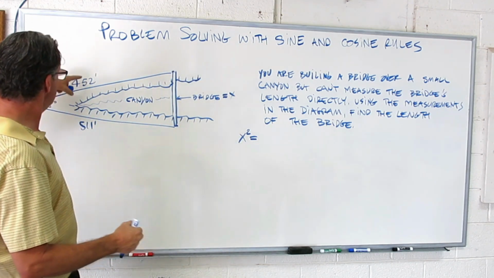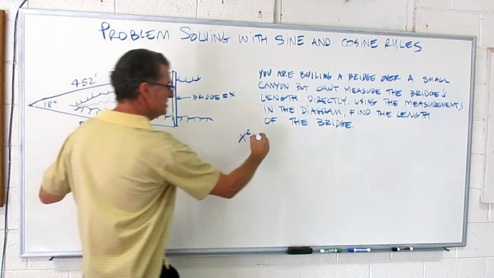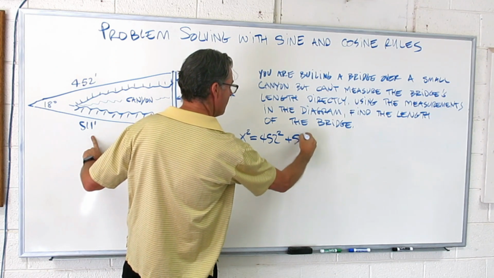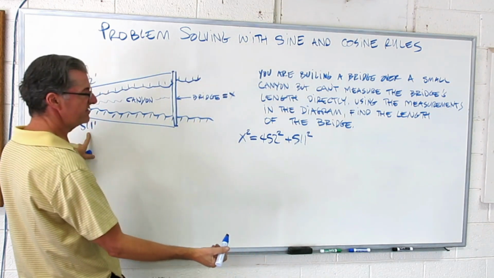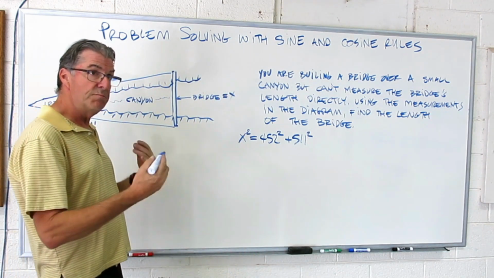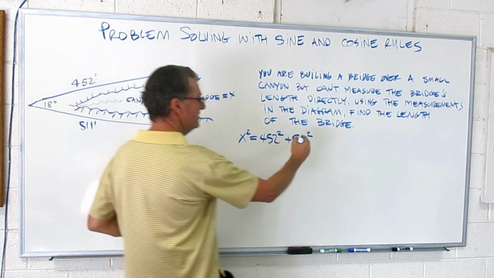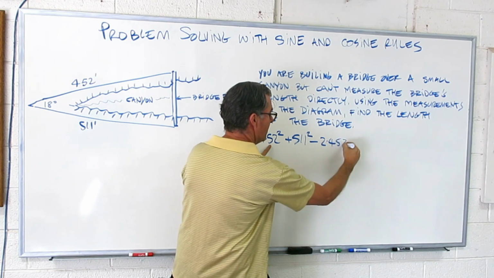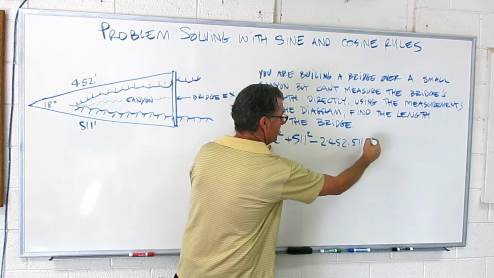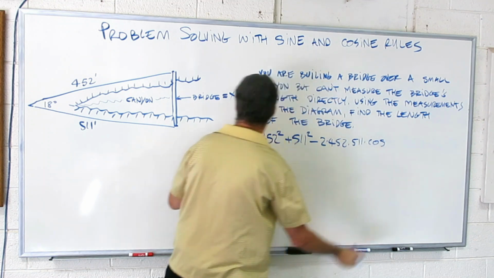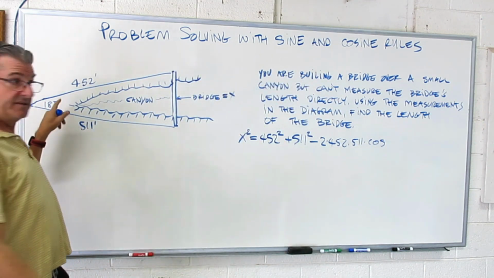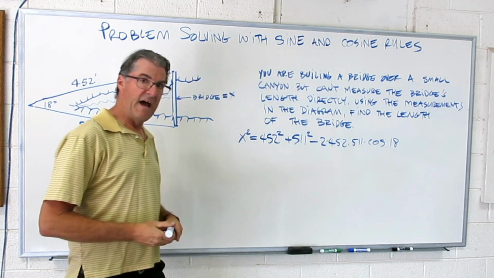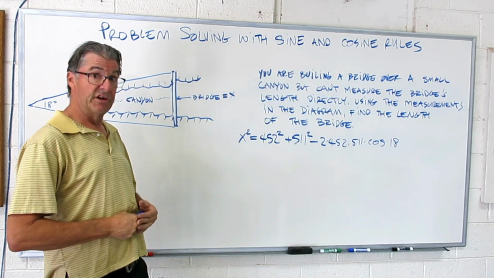Now we just plug in the two sides, so this is 452 squared plus 511 squared, and then we do the minus 2bc cosine A, so that's going to be minus 2 times one side times the other side times the cosine of the angle, which is 18, so we do cosine 18. So now we have a nice big plug and chug problem.